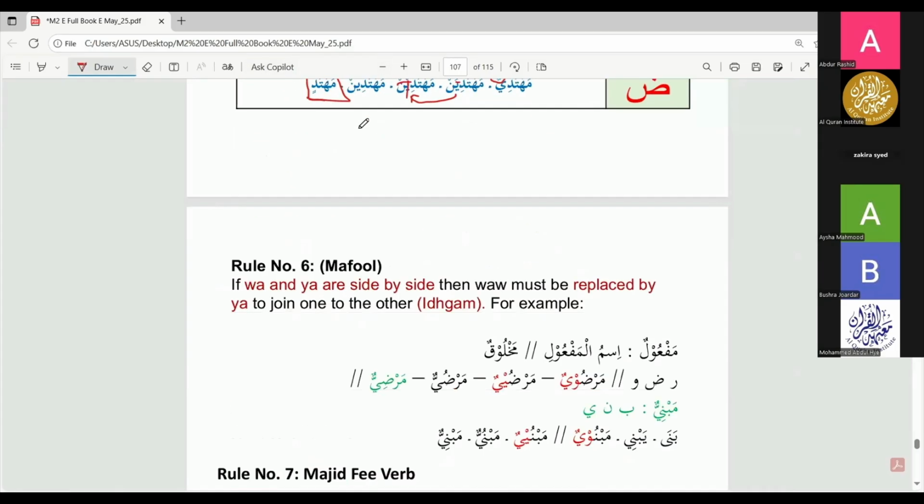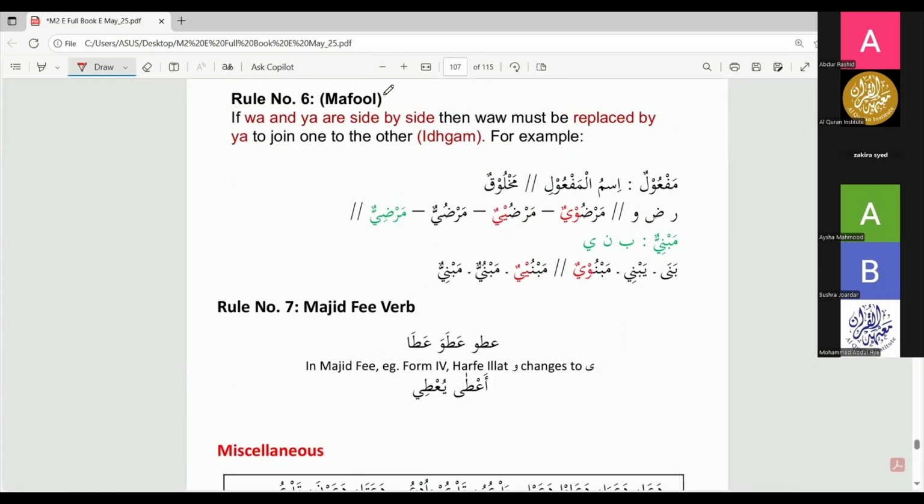Okay. And we have two rules, rule number 6 and rule number 7. So here basically let's focus on this part. The rule says that if the waw and the ya are side by side, the waw is replaced by ya because it has to join to the other ya here and make an idgham version of it.